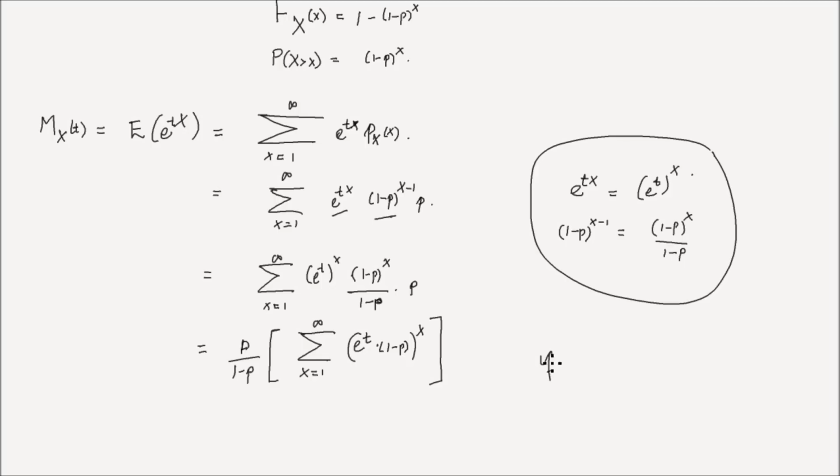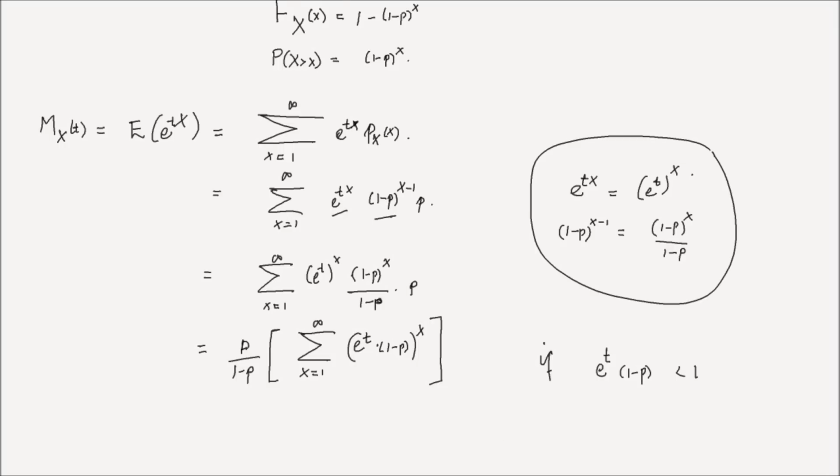Now if e to the power of t times (1 minus p) is less than 1, then I would have a converging geometric series. We know if the common ratio of a geometric series is between 0 and 1, then the sum converges.